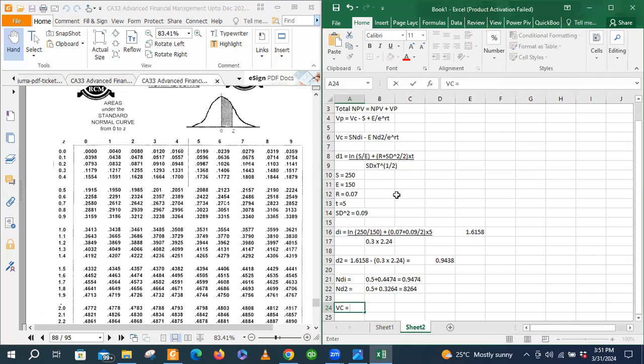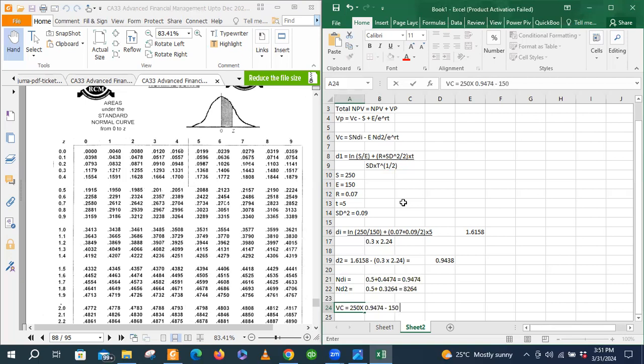So spot price is 250 times N(D1), which is 0.9474, minus exercise price, is it 150?